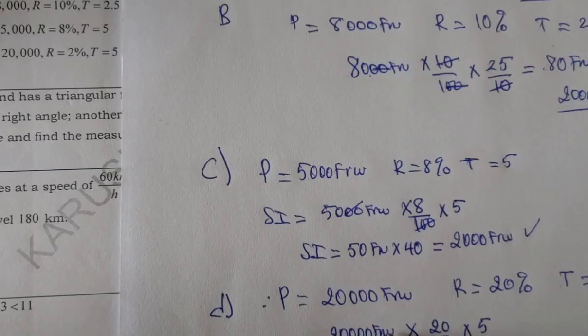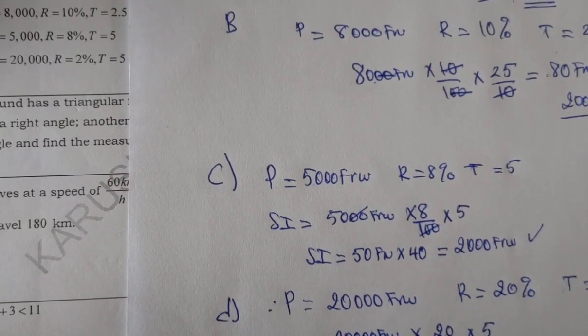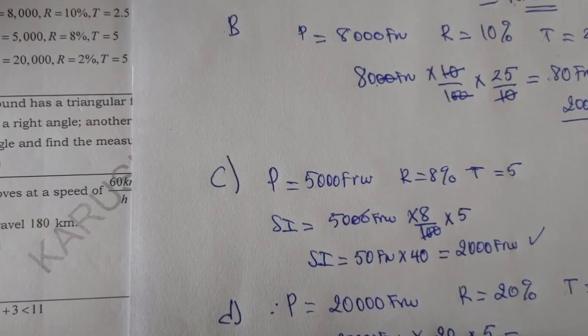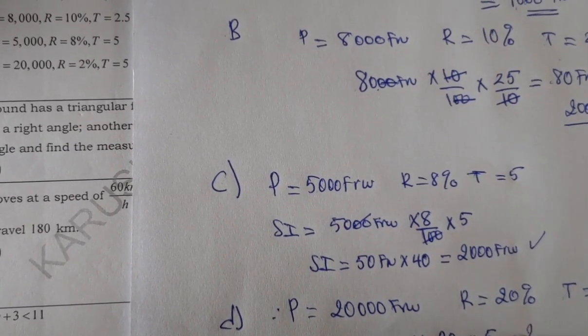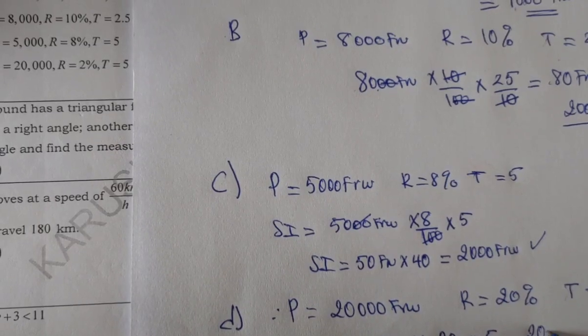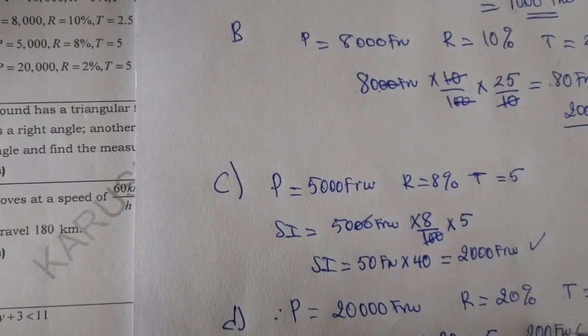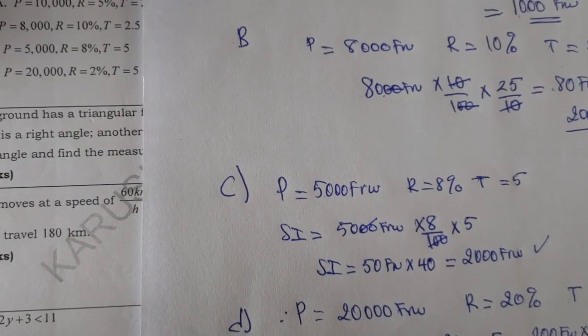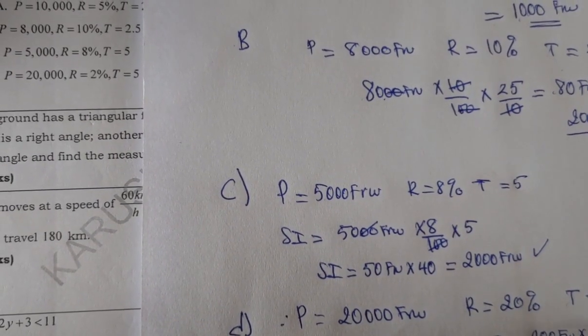Those 0s will cancel this, and then here it becomes 20 times this is equal to 200 Rwandan francs times here will become 100.